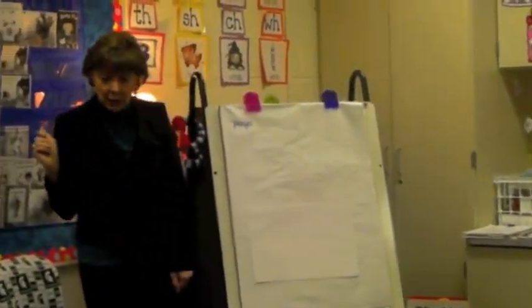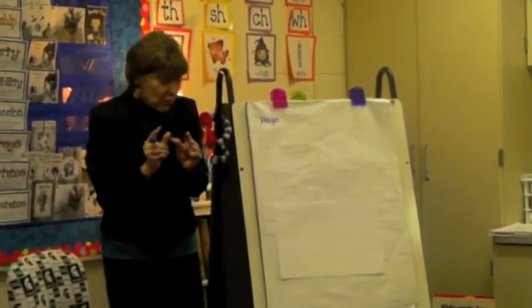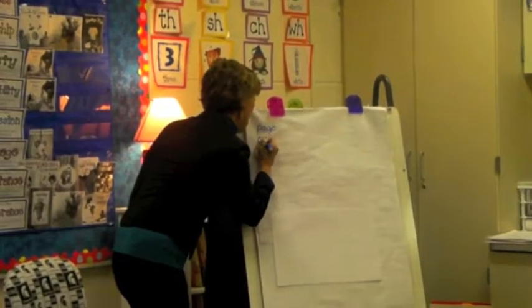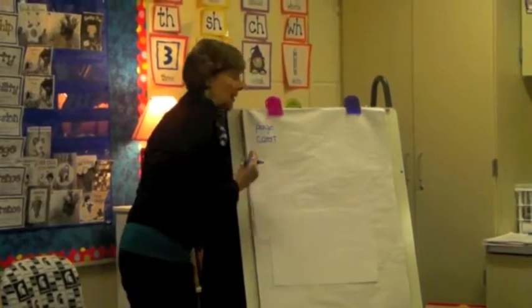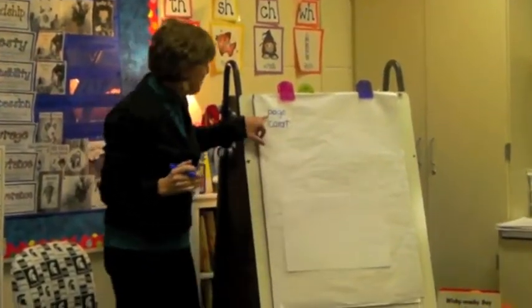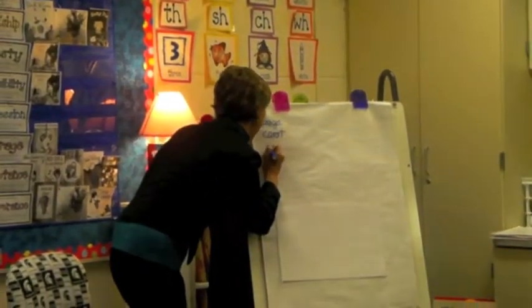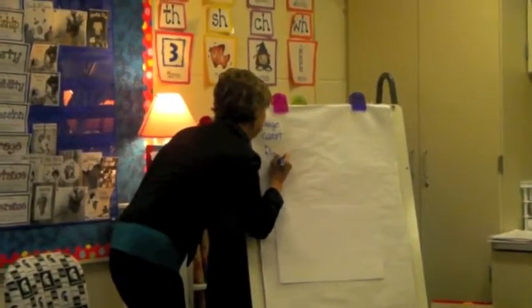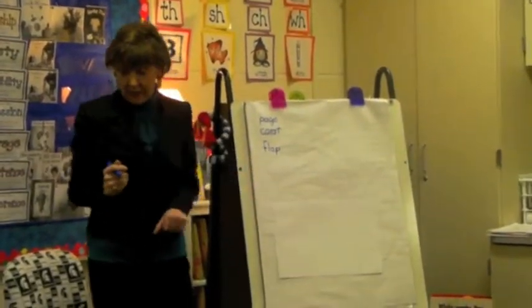Sometimes, if we're adding just one word or maybe two words, we add something called a caret. And sometimes when we have more than one or two words, but we don't need a whole page, we add something called a flag.